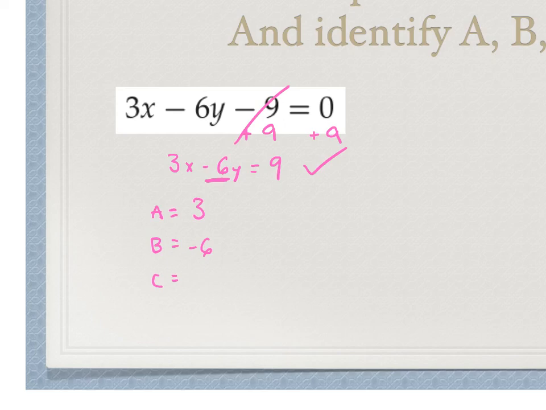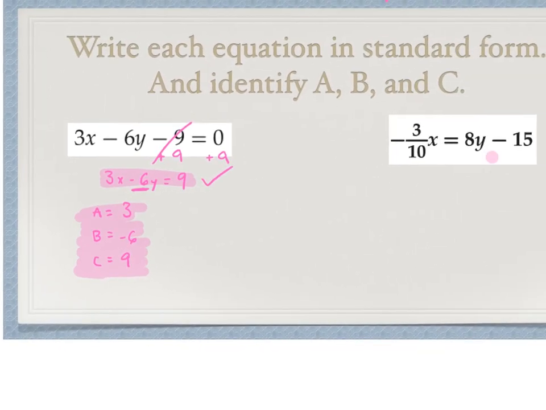And then what's our c? 9. So here we have our standard form, and then our a, b, and c. Do we have to put the A, B, and C? This is asking us to, and the homework also will ask you to identify a, b, and c. So yes.